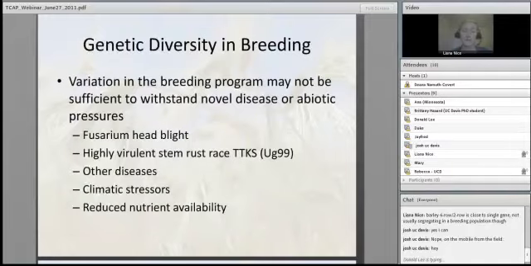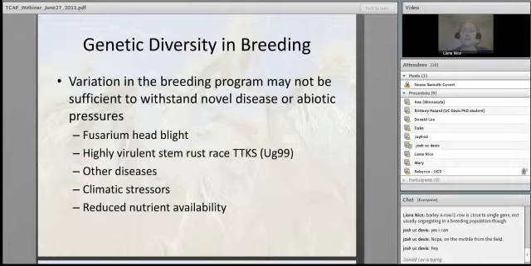But there's still some issues. Variation in the breeding program may not be sufficient to withstand novel disease or abiotic pressures. And we've seen this with Fusarium head blight.